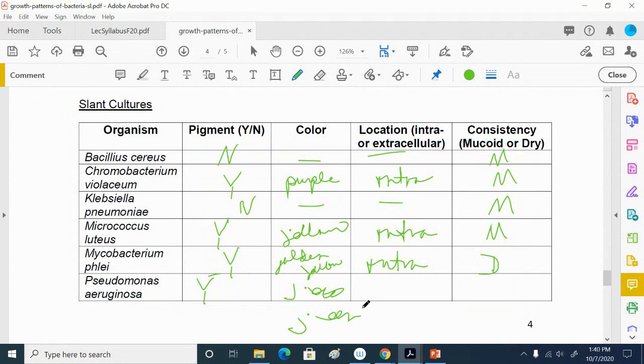But it's green. And we said extracellular. And dry or mucoid.